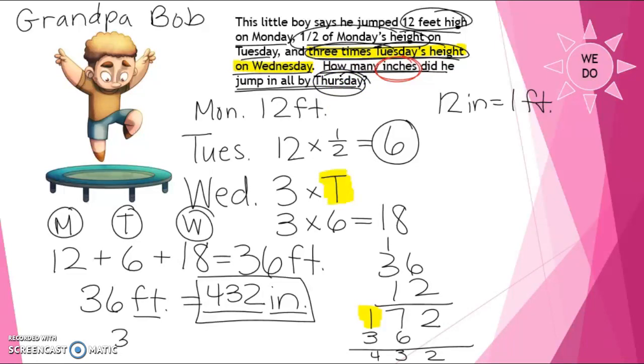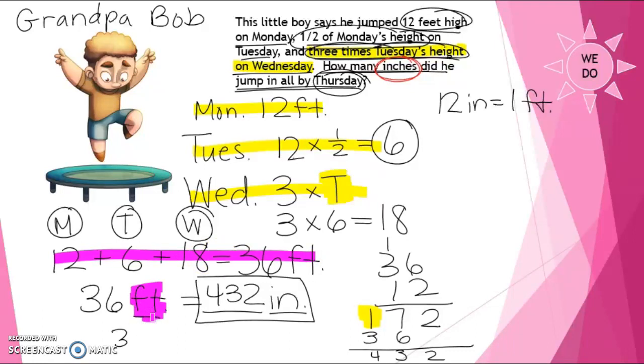Does that make sense? Notice how we made our list of the information: Monday, Tuesday, Wednesday. First we found out how many he did in feet. So he did 36 feet, but the question said inches, so we had to convert 36 feet to inches, and we got 432 inches.